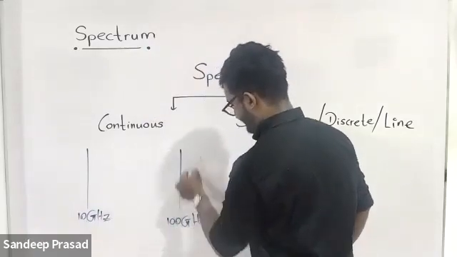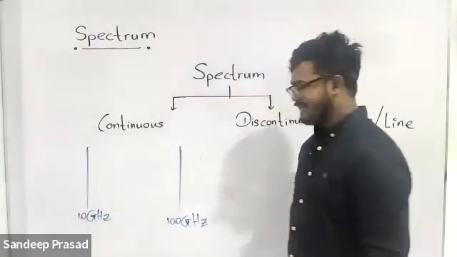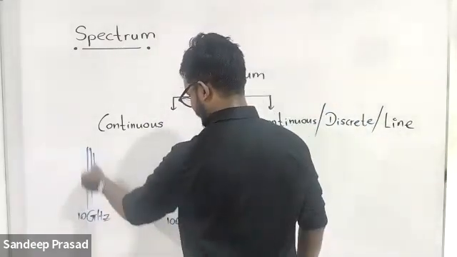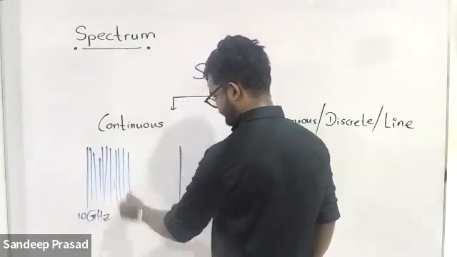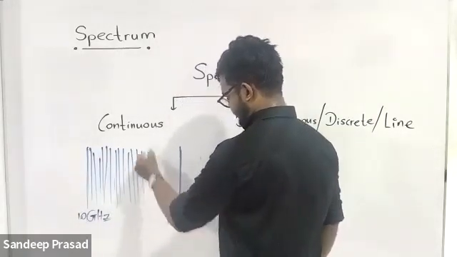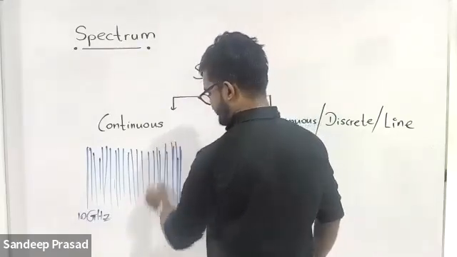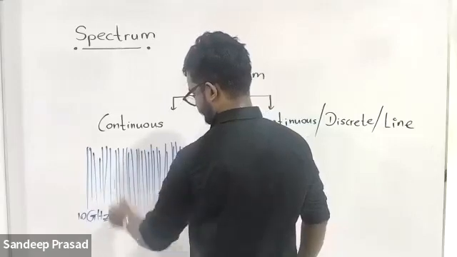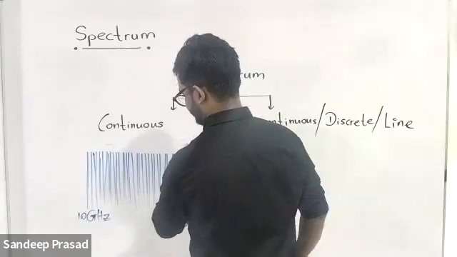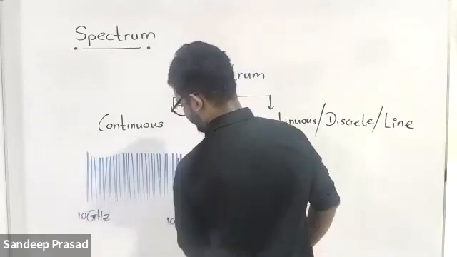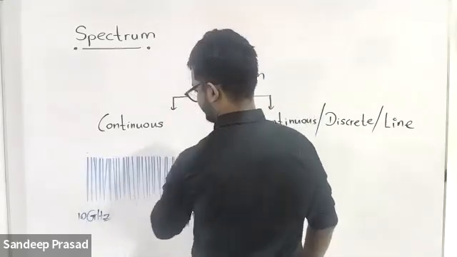This is not the electromagnetic radiation range, but I'm taking a particular frequency range. In this range, all the energy radiations are included. Nothing is missed. All of them are there.